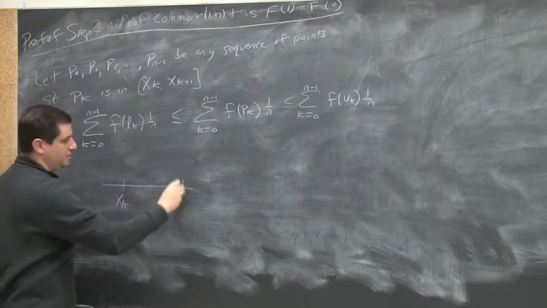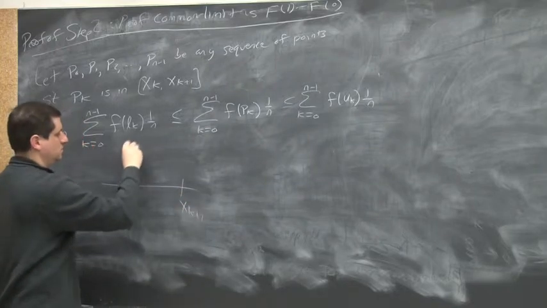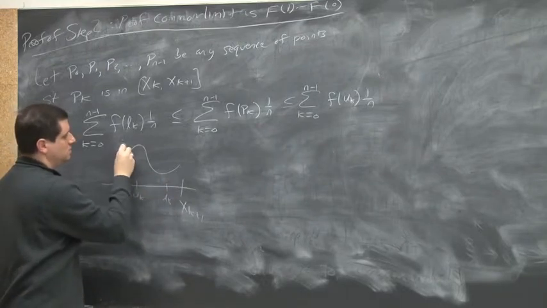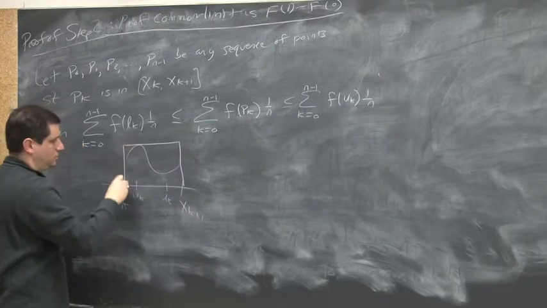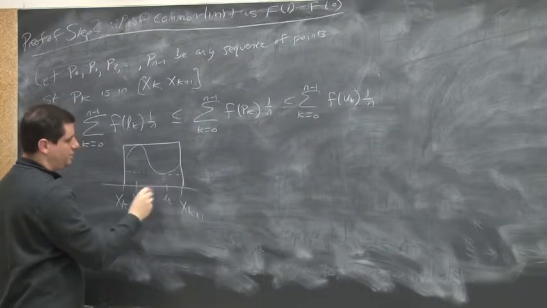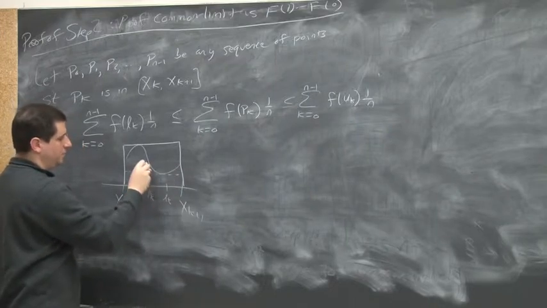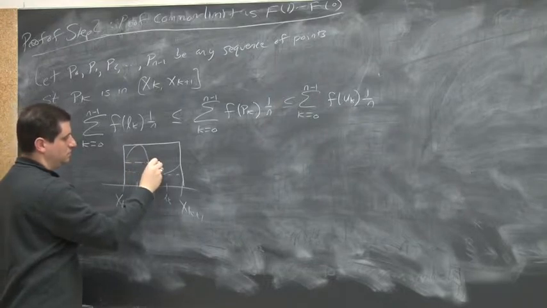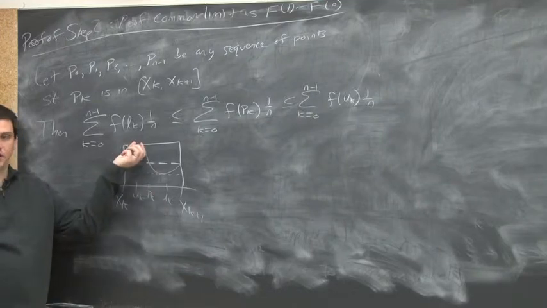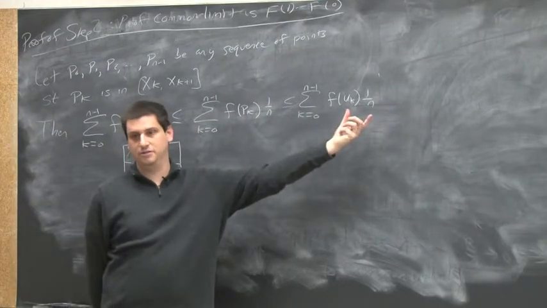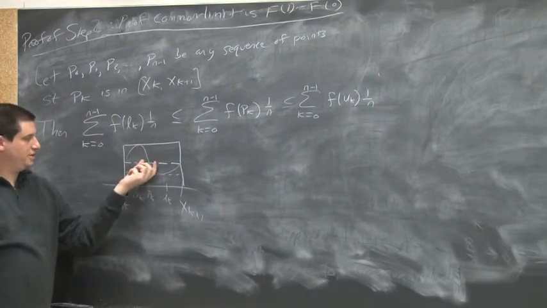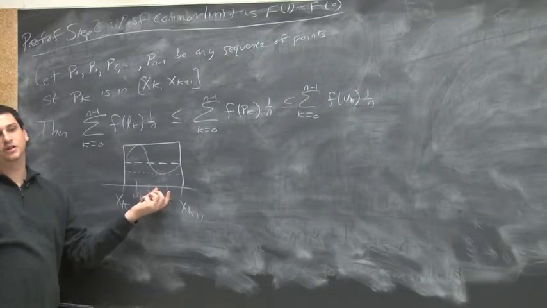And to see why this is true, here's x_k, x_{k+1}. Here's my function. Here's u_k. Here's l_k. So u_k gave me this rectangle. l_k gives me this rectangle. Imagine this is p_k. f of p_k is less than f of u_k, so this has to be less than that area. f of p_k can't be less than f of l_k, so the area under that rectangle has to be greater than the lower rectangle.